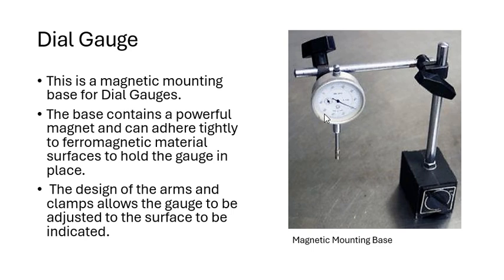It is magnetic because it has a powerful magnet, and it can hold tightly to ferromagnetic material surfaces, so we can hold the gauge in place. If your base is not very good, then you're not going to get an accurate reading in your dial indicator.